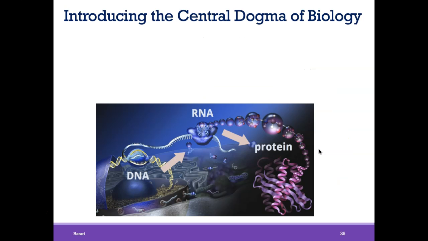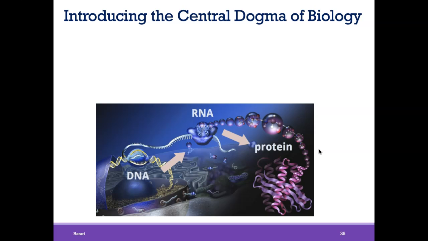So now we can introduce the central dogma of biology. And this is as important as it sounds. In the 40s, it was discovered that genes control the production of proteins. And in the following decades, Watson and Crick described this relationship between nucleic acids and proteins as the flow of information called the central dogma of biology.